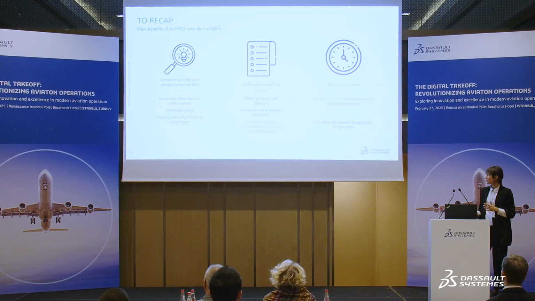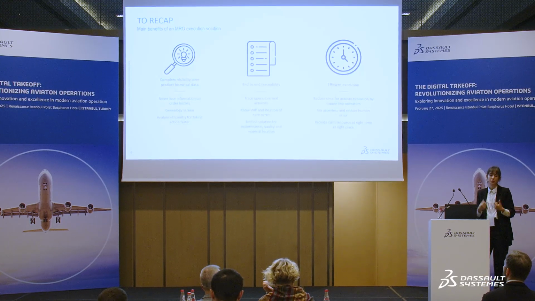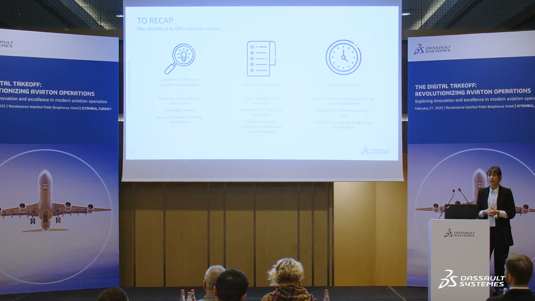What I wanted to mention is that the key point for this execution part is that we're good at doing the execution. So we're good at tracking activities, tracing everything that is being set up on the shop floor, which is recorded and will be available for the supervisor to review tomorrow when this part comes back and we have to deal with it again.